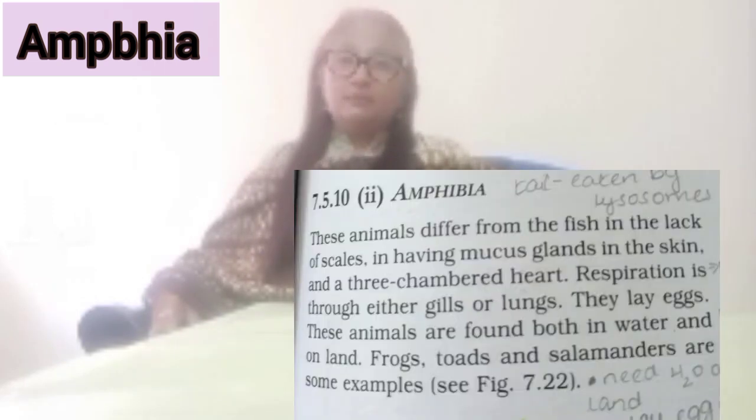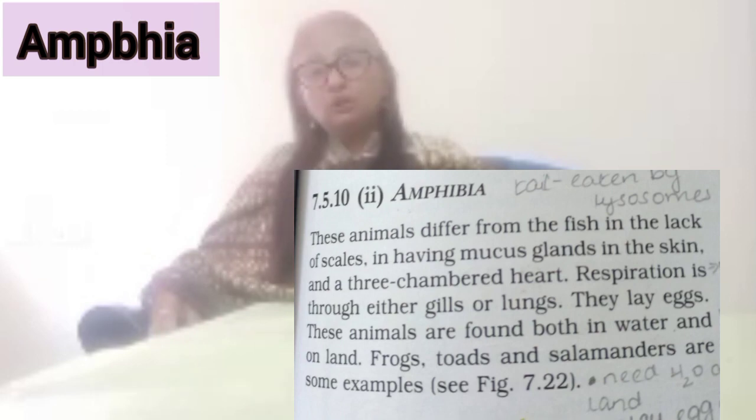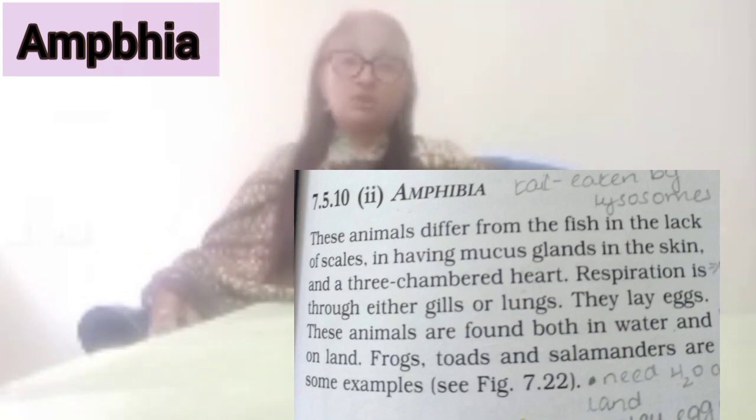Next is the amphibia. They do not have an exoskeleton. Skin is smooth and slimy, and they have mucus glands on the skin. They either breathe through gills or through lungs. They live both on land and water.